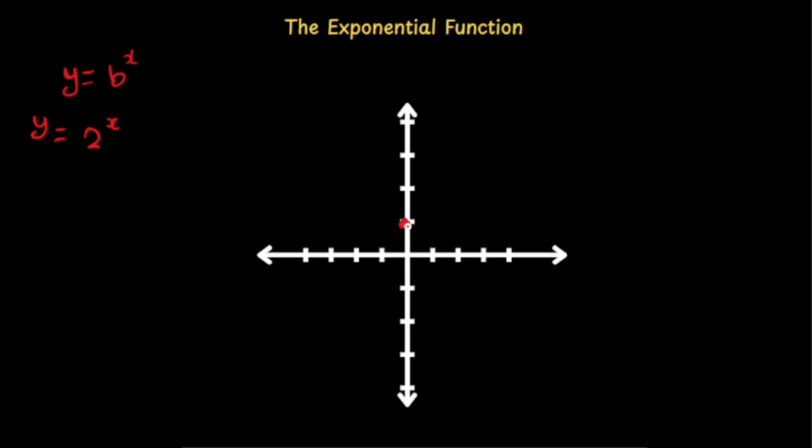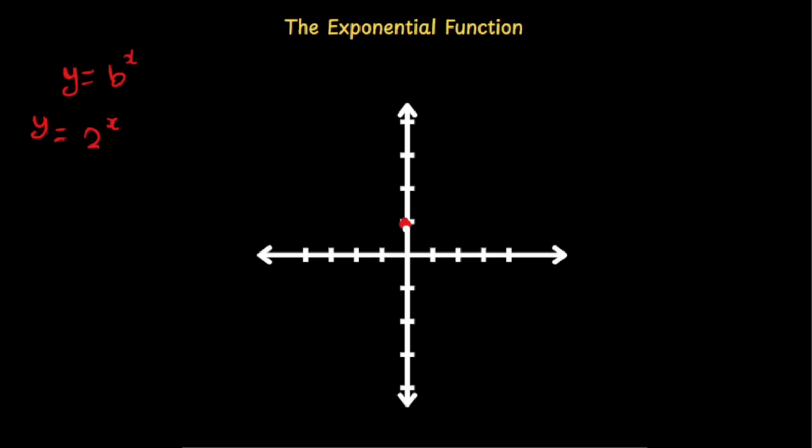That is an extremely important point that I want you guys to take note of, because that is the y-intercept of this function. When x is equal to 0, y would always be equal to 1. Because if I had 3 to the power 0, I would get an answer of 1. If I had 100 to the power 0, I would get an answer of 1. So irrespective of the type of base, the y-intercept is going to be 1.